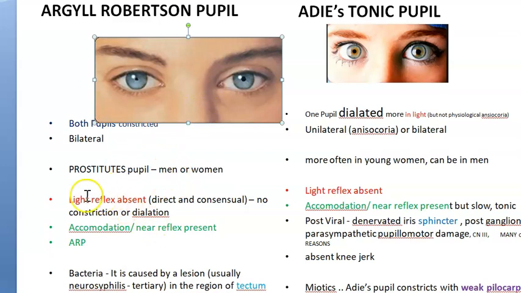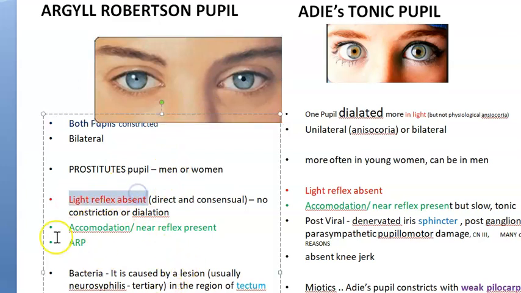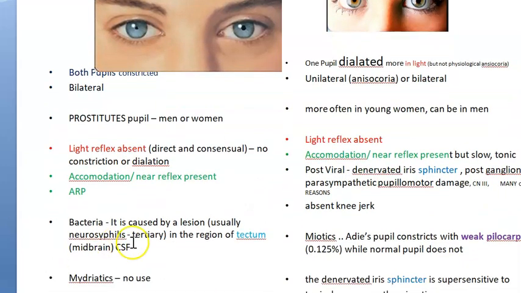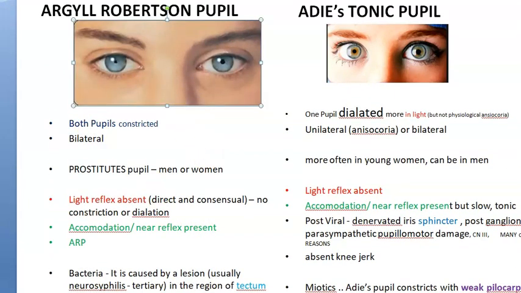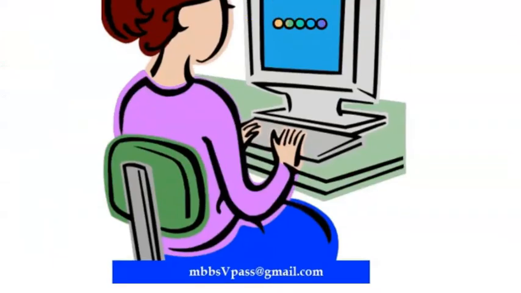Okay, obviously. Light reflex is absent, but accommodation or near reflex is present, right? And this is caused by neurosyphilis, right? That's what they said. If you give mydriatics to dilate the pupil, it is of no use. Anyways, guys, that becomes too much ophthalmology for you, right?